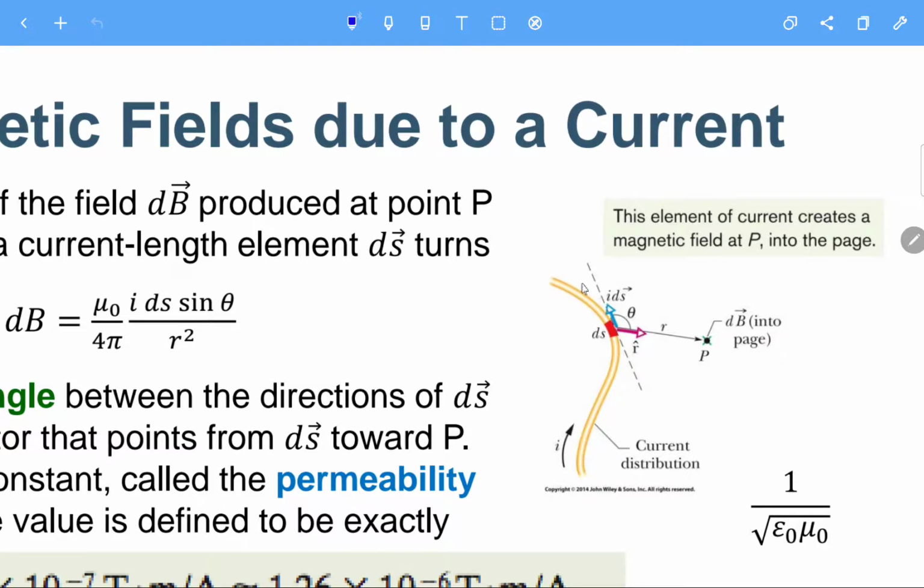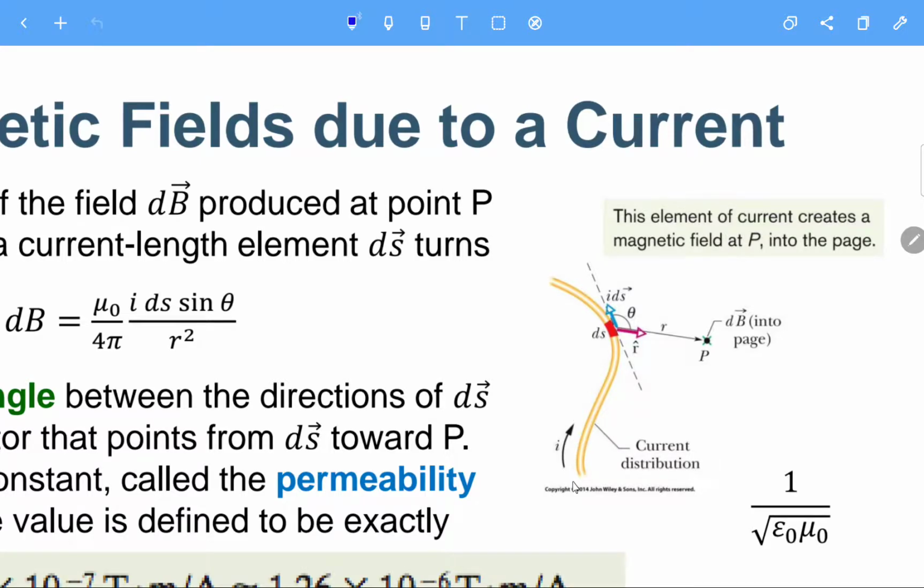So we need to separate it into many small segments, ds, and then of course, similar to before, ds is a vector, and the direction of the vector is the tangent direction to the wire at that point. And there may be 2 directions, but the direction will follow the current direction.